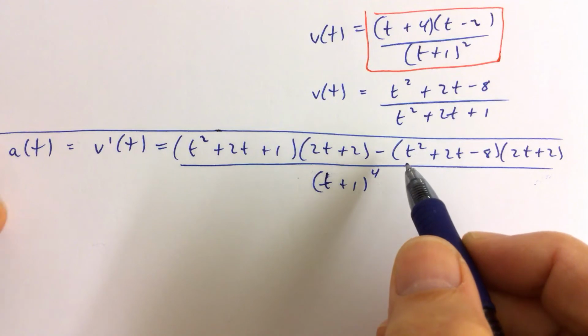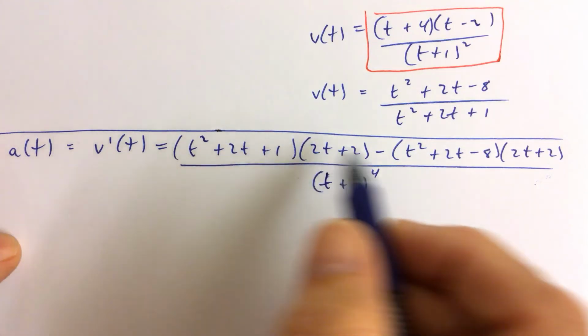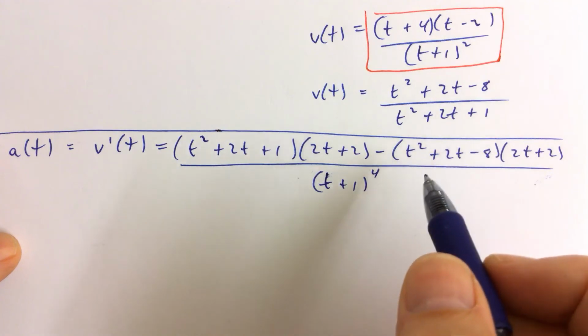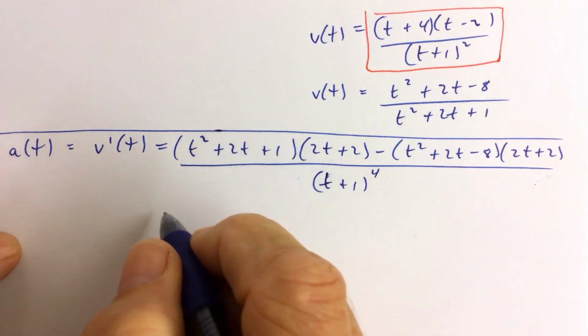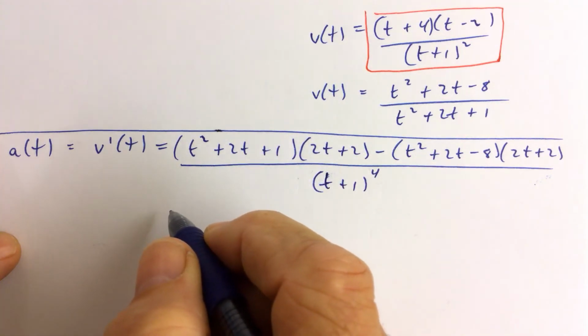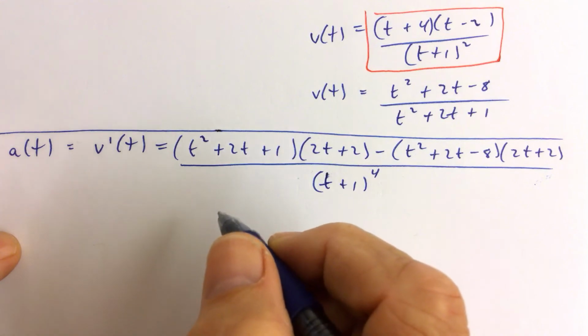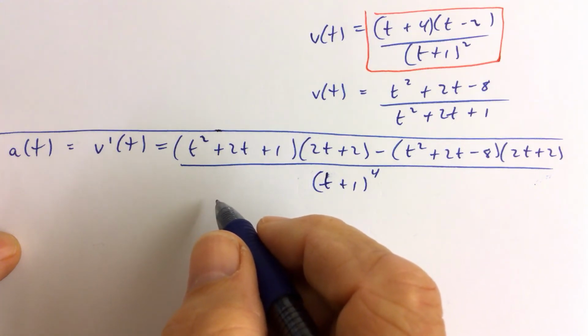So that makes me think, well, maybe I can just multiply these out, and then my 2t cubed will go away, and maybe it'll be easier than factoring out the 2t plus 2, but you could also do it that way. So I'm going to go ahead and multiply these out. And in saying that, I'm looking here, and it's going to take a lot of work to do that.